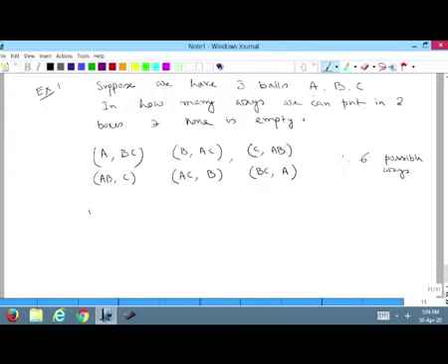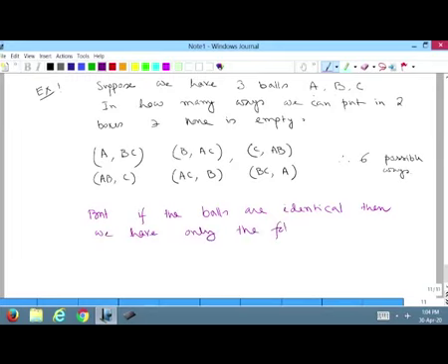But if the balls are identical, then we have only the following possibilities.